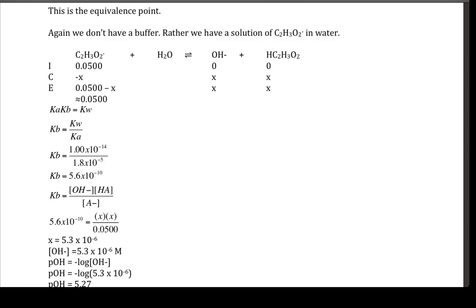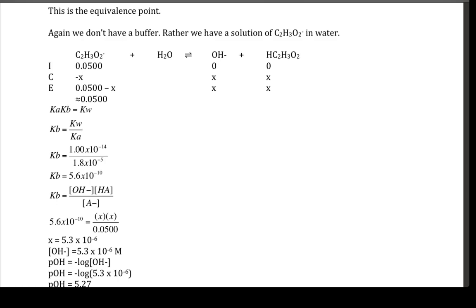So now going back to our equilibrium calculation, we have Kb equals, from our equilibrium reaction, OH minus times HA divided by A minus, and we have 5.6 times 10 to the minus 10 equals x squared over 0.0500. We get x to be 5.3 times 10 to the minus 6.